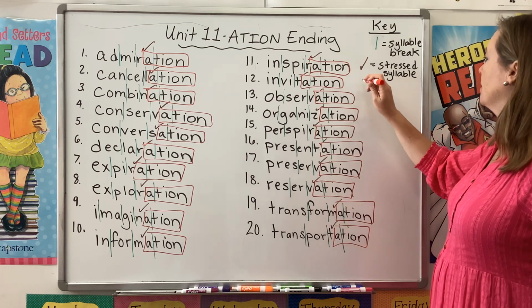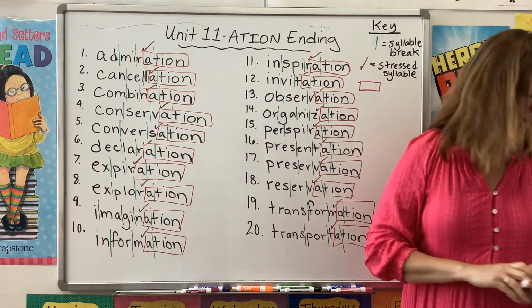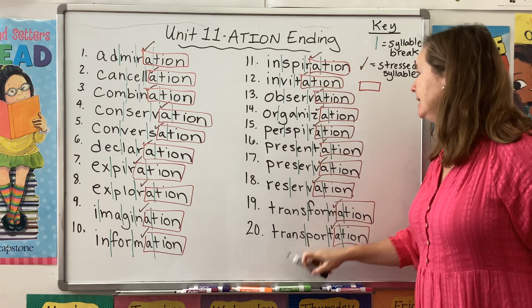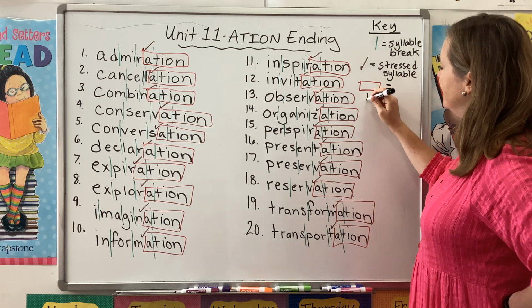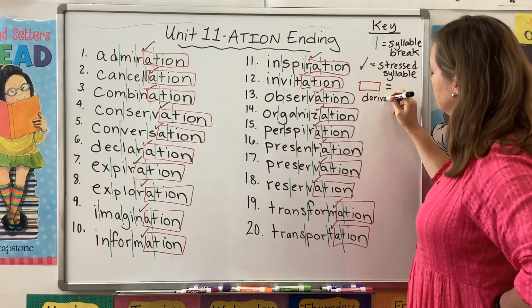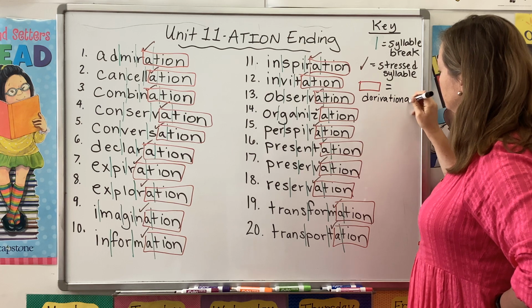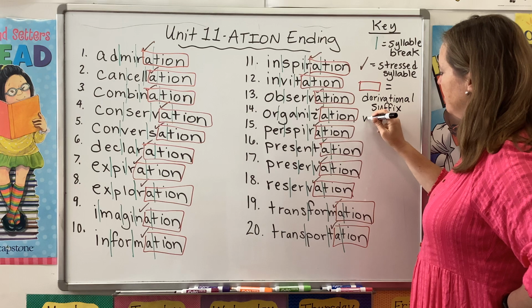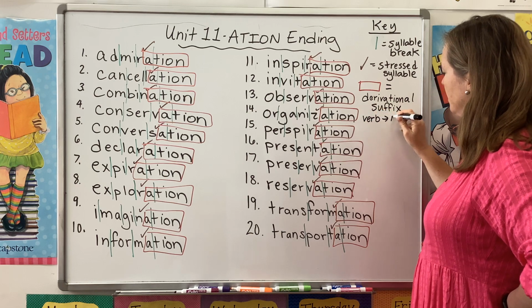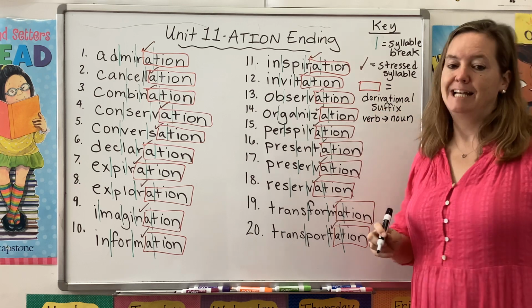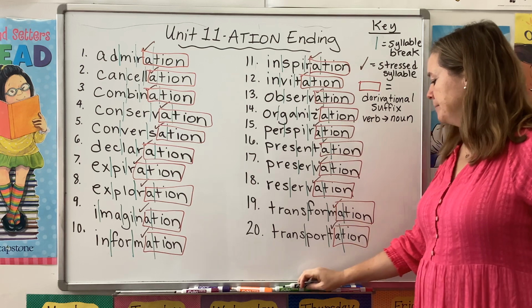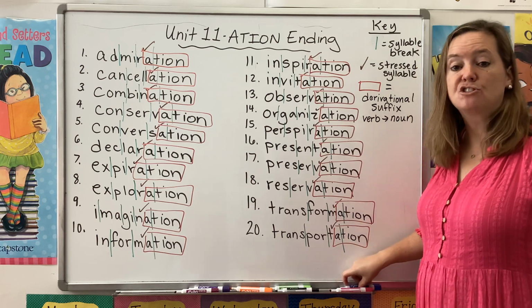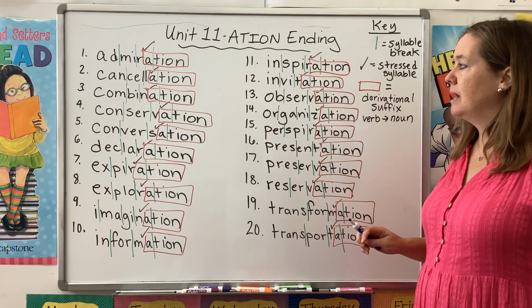Okay, so red rectangle equals derivational suffix. It is changing a verb to a noun. Okay, now let's go back and try to find those verbs.